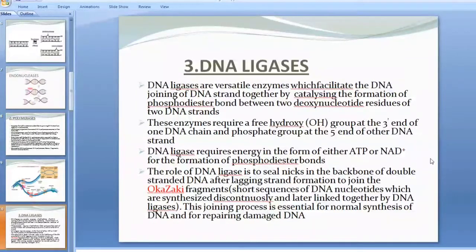So this joining process is essential for normal synthesis of DNA and also for repairing the damaged DNA. Okay. So DNA ligases play a very important role in joining the cut, already restricted fragments. Not only that, they are also essential for repairing the damaged DNA.